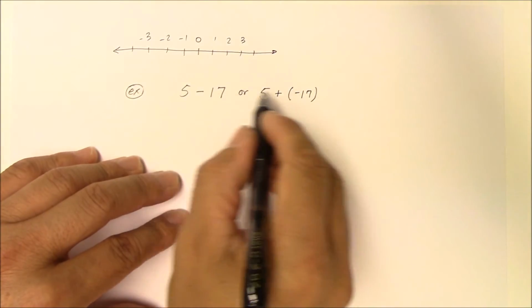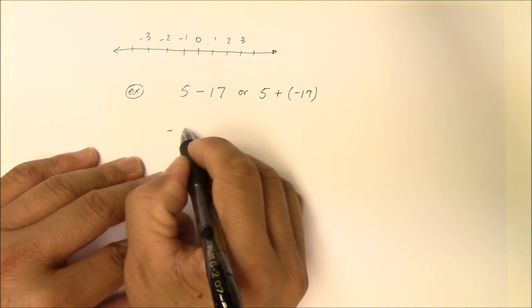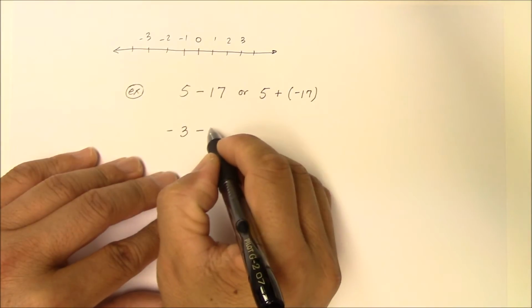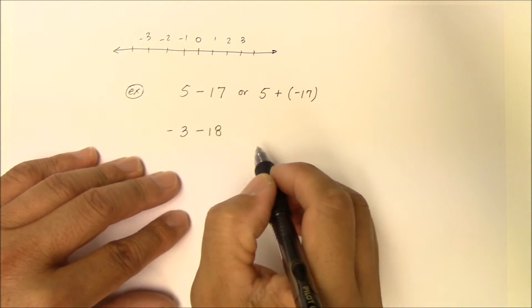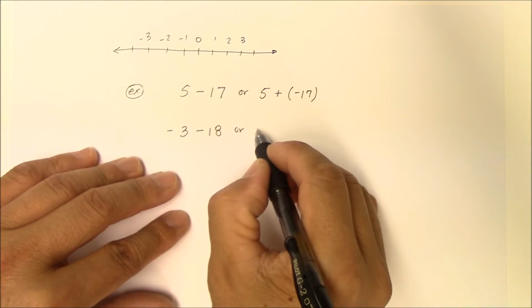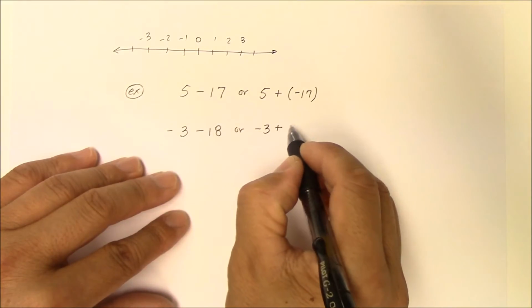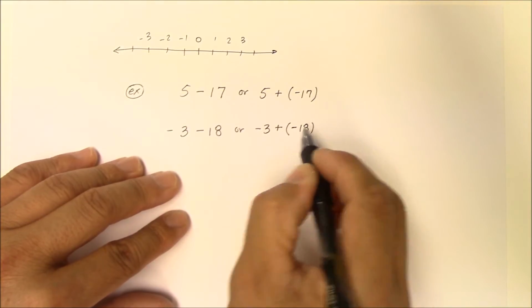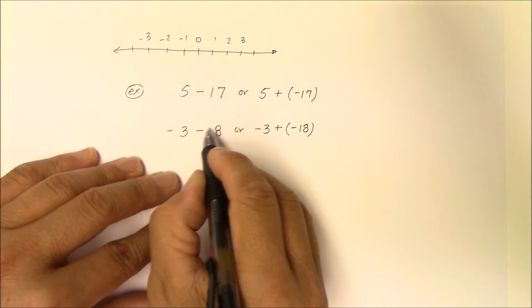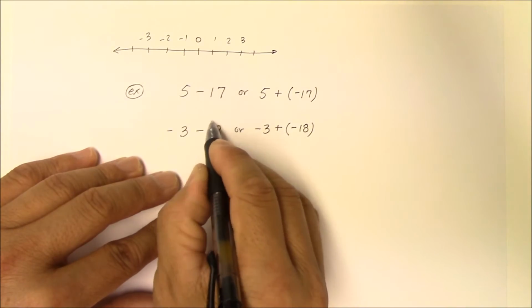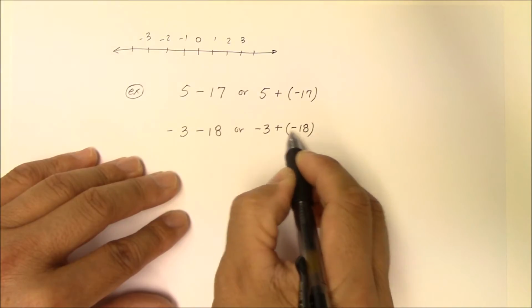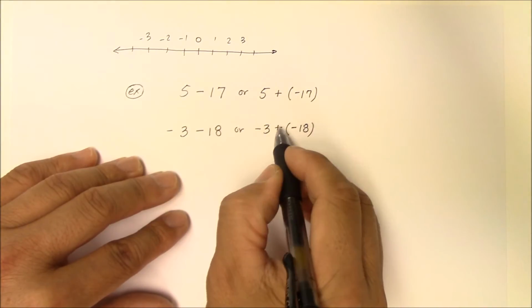It means the same thing. So how about this one? Negative 3 minus 18. How would you write that? Well, this will be written as negative 3 plus negative 18. Let's always take that sign as a negative and surround it by parentheses and just use a plus sign. It's always going to be a plus.